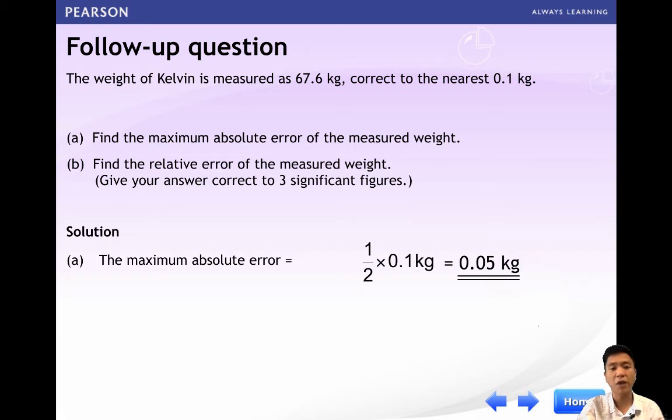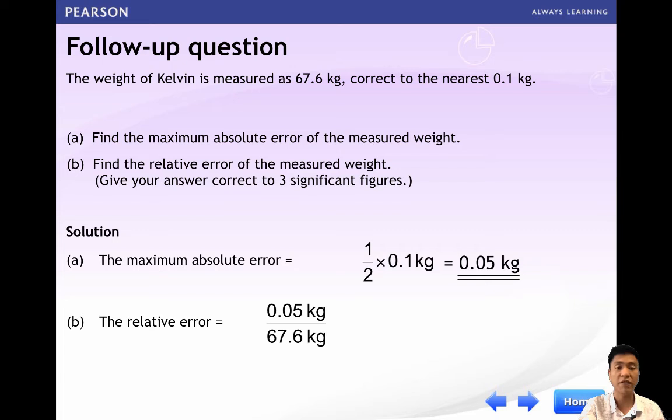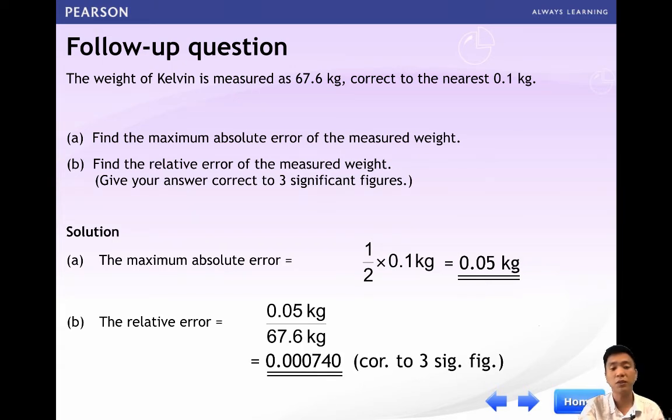For the relative error, it is the maximum absolute error over the measured value, that means 0.05 over 67.6 kg. We get 0.000740 because we want to correct it to 3 significant figures. So the relative error is like this.